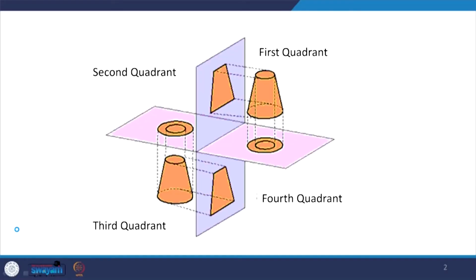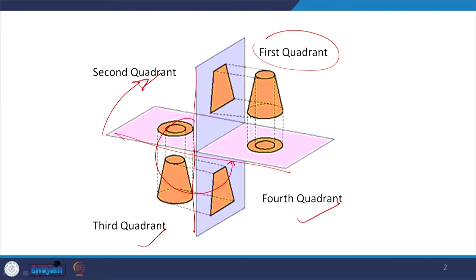If you look at the screen also, this is the quadrant system, and your top right becomes the first quadrant, and as you go in the anti-clockwise direction, the second, third and fourth come, and we fold it in such a manner that the elevation and plan both come together above the reference line in the second quadrant, and elevation and plan both come together below the reference line in the fourth quadrant, and for the first and third it just reverses.